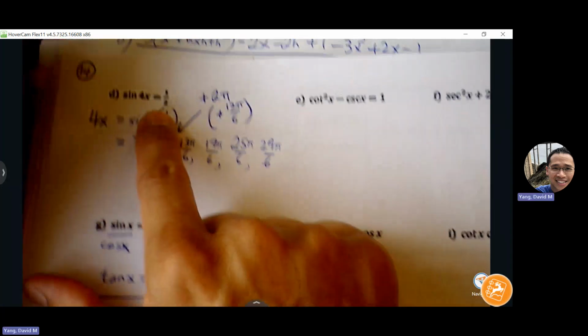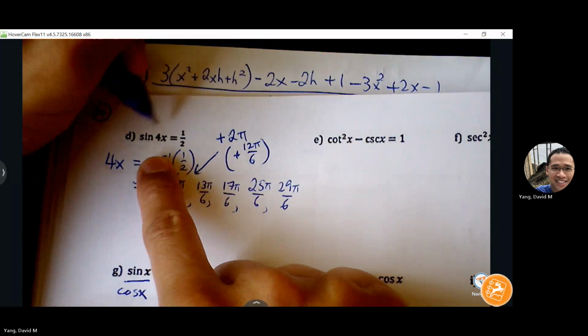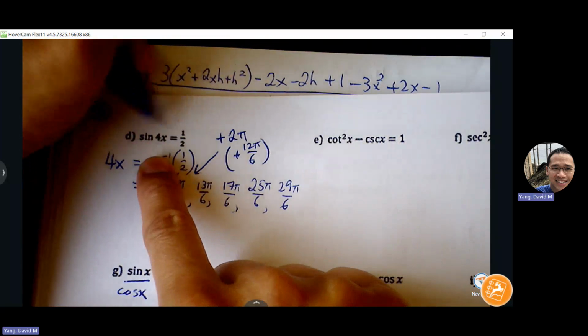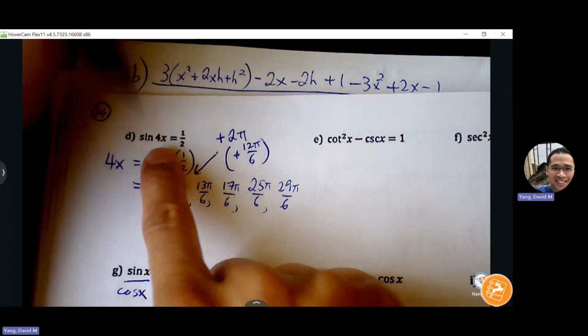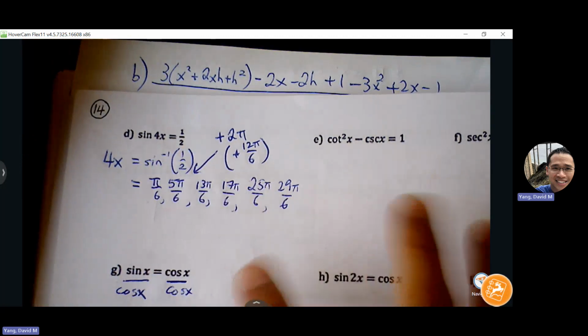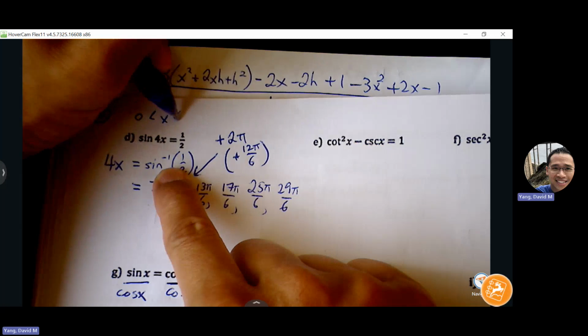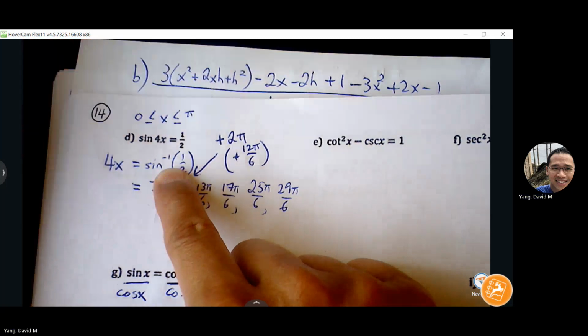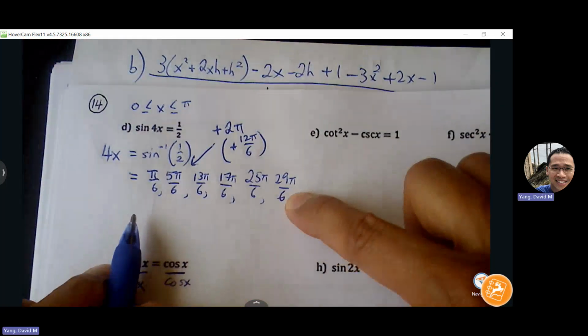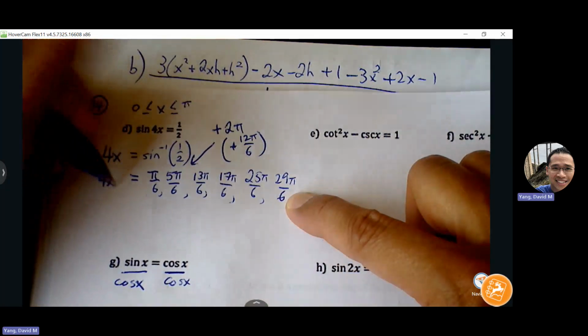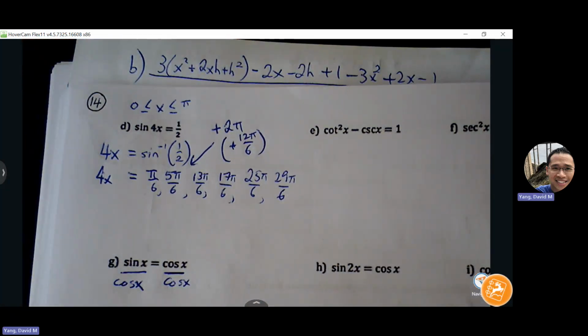And then, sorry, I didn't put the instruction for this one because that 4x requires a ton if I want to get 2 pi. So I just said solve for x between 0 and pi. So I think I can stop here because if I divide both sides by 4, that's the same thing as multiplying by 1/4.